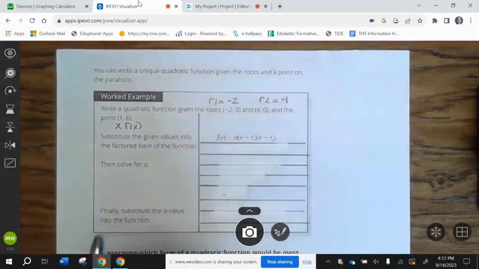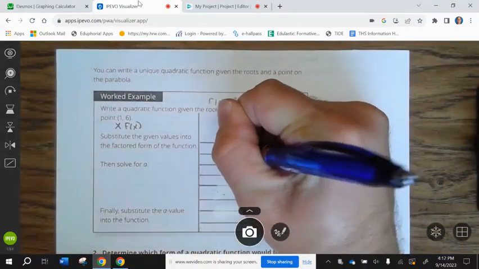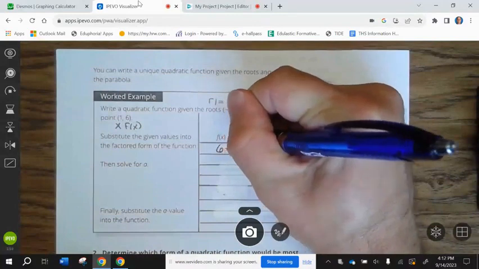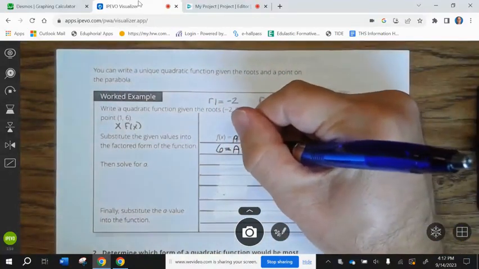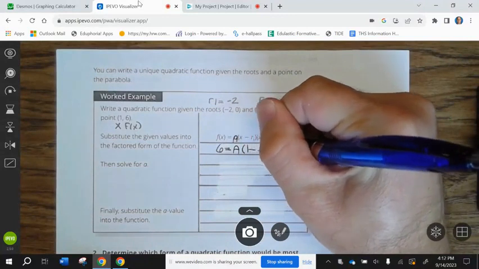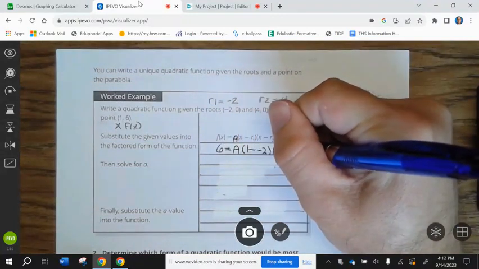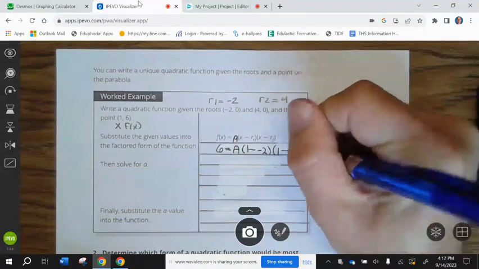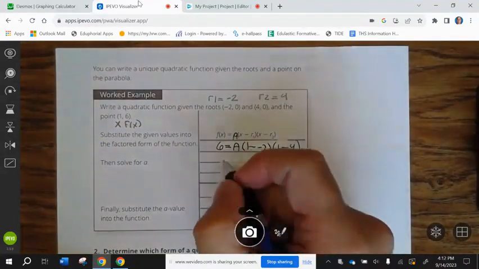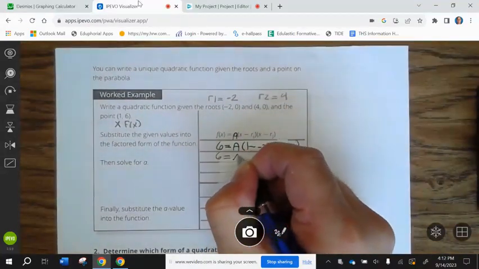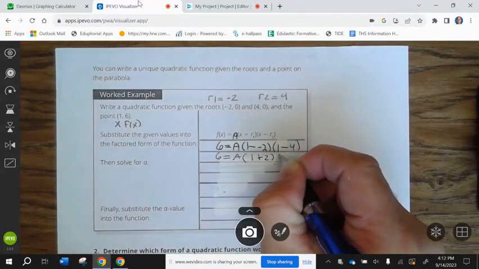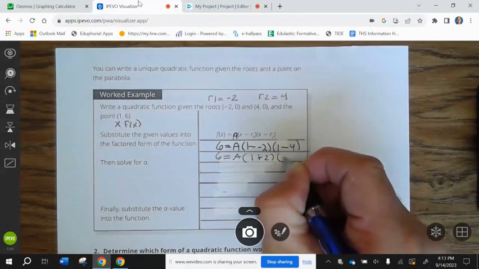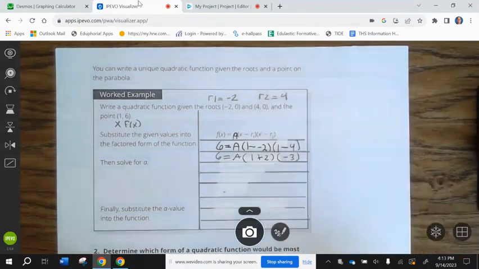So f of x is 6 equals, and we're trying to solve for a. We don't know a. X is 1 minus a -2, parentheses 1 minus 4. So then that's 6 equals a, parentheses 1 plus 2 times 1 minus 3 is -3.